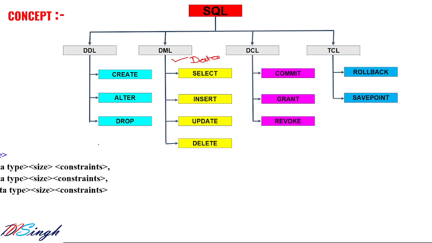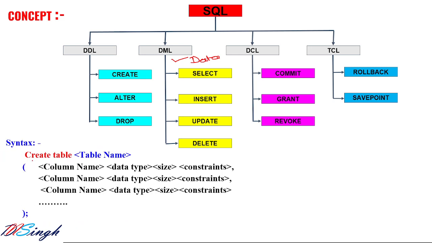So let us see the create command syntax, where you need to write create table, then table name, after that column name, data type, size, constraint. You have to repeat this process for all the columns. Only the last column will not have a comma at the end. So this is the difference.